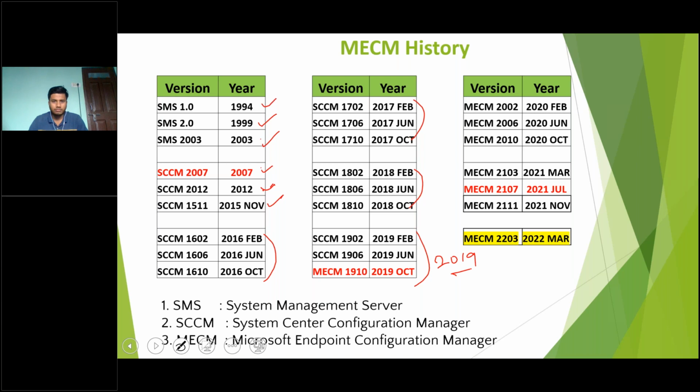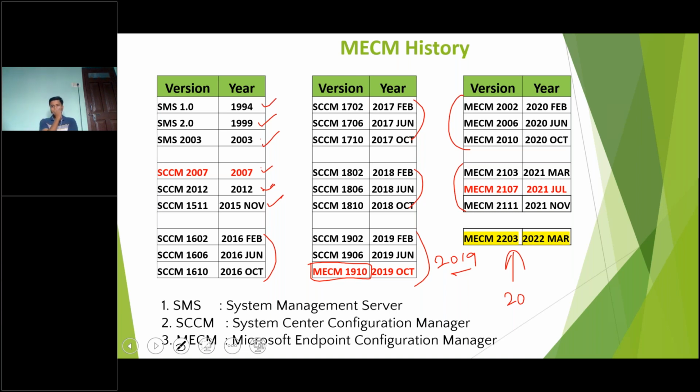But from October 2019, they changed the name again from SCCM to MECM, Microsoft Endpoint Configuration Manager. Then these three versions released in the year 2020. These three versions released in the year 2021. And this one is released in the year 2022.